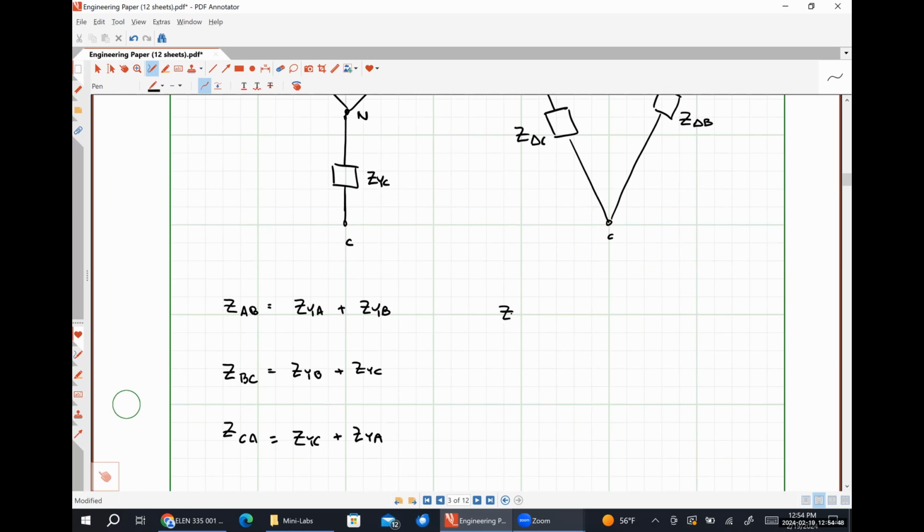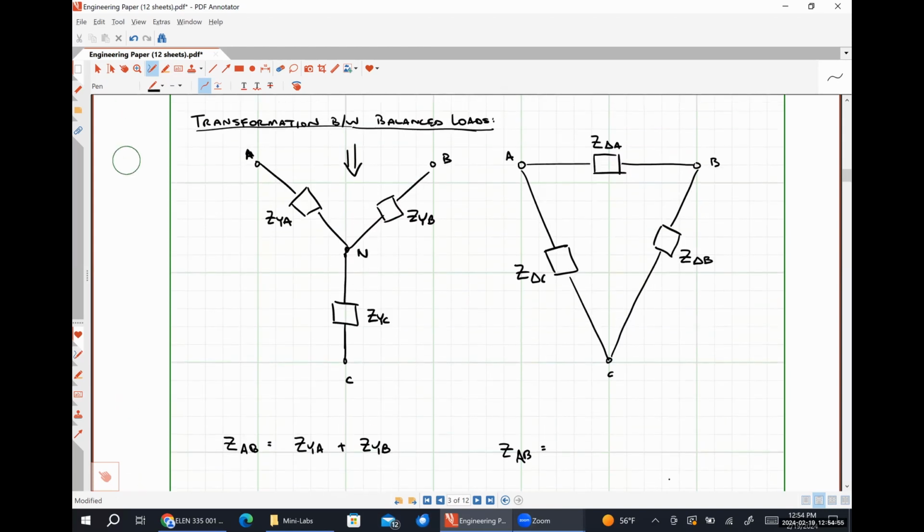Now, on this other side, if I look in between terminals A and B, what do I see? Just Z delta A between A and B.